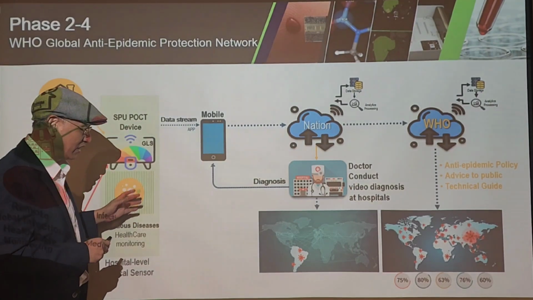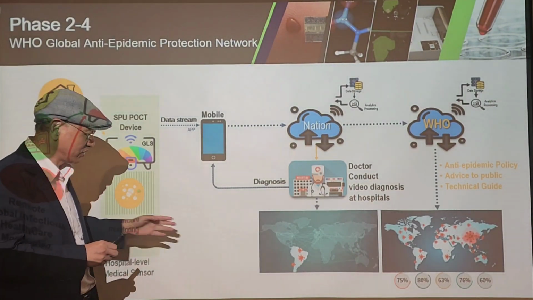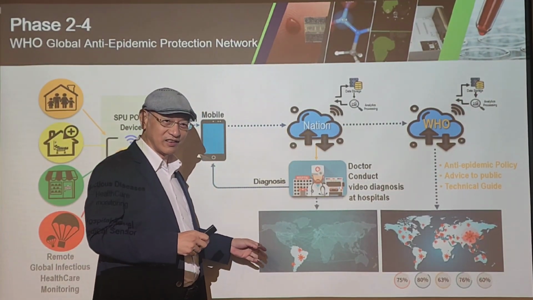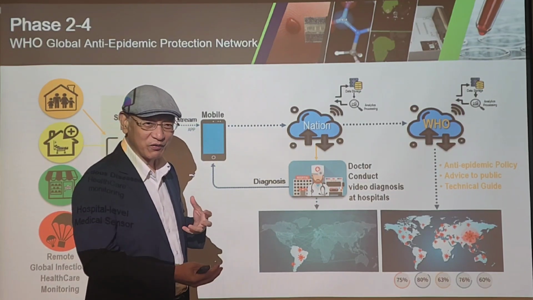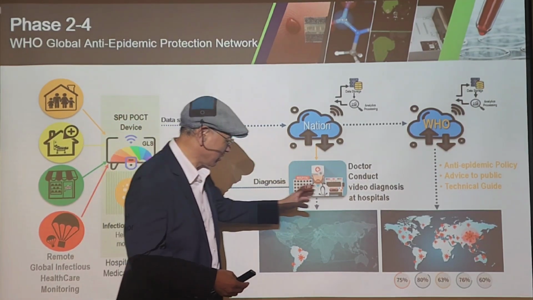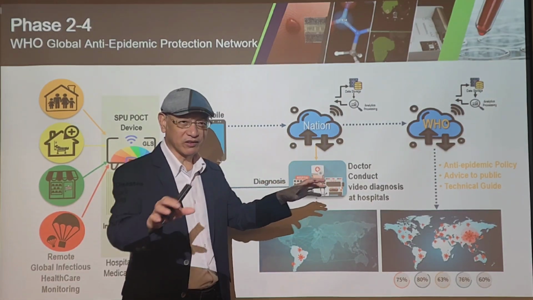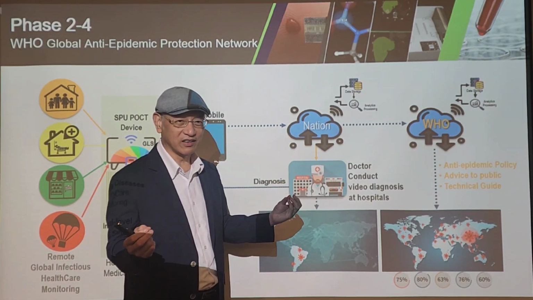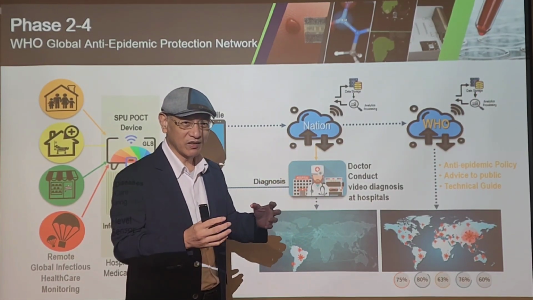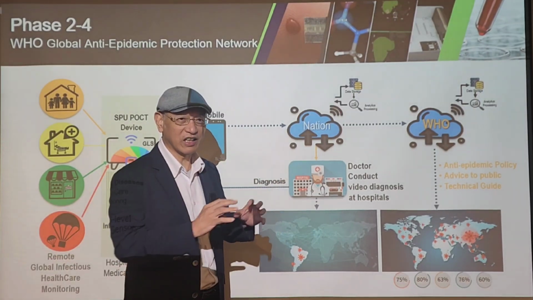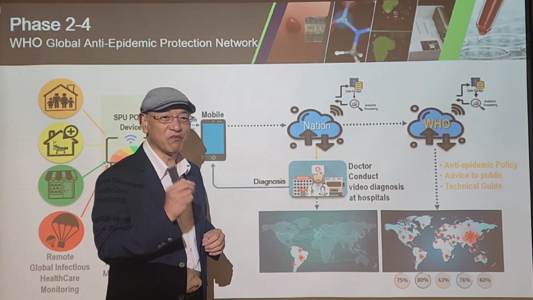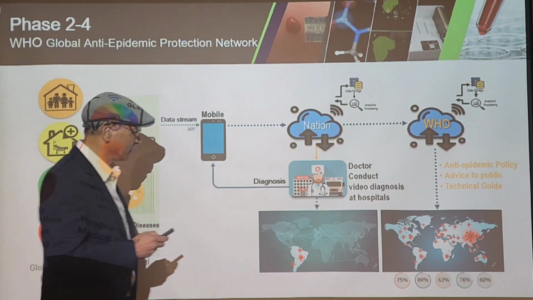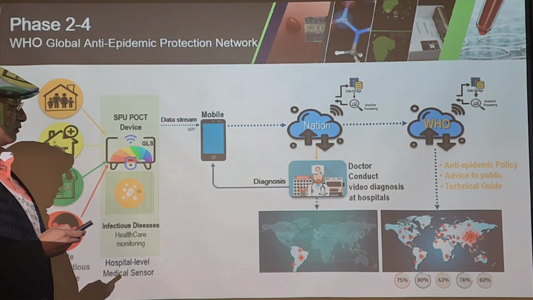Another case is when something like COVID happens. When this device is already deployed worldwide, they can get the data immediately, so they can control the spread of the disease very efficiently.